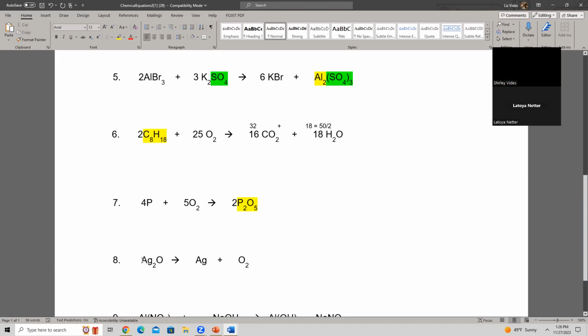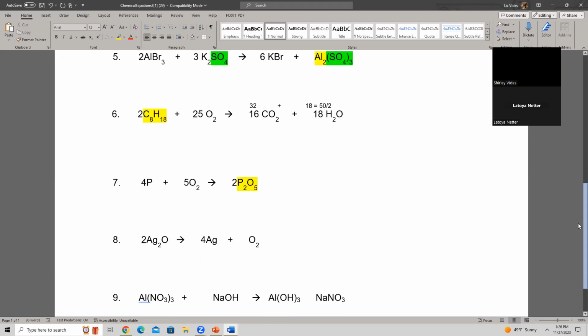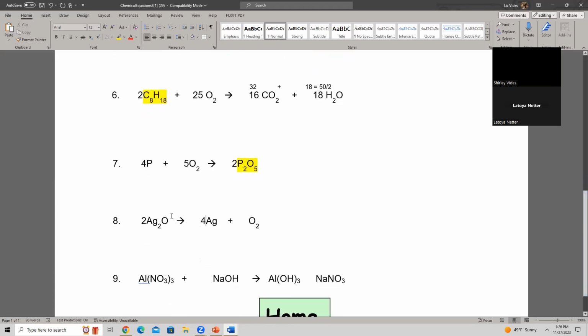So we always put a 2 in front of that one to make it even. Now look how many silvers you have. 4, see? Exactly. If you had started the other way, you would have ended up with 2 silvers, and then you couldn't have balanced the O's. It would have been a mess. It's always good to focus on the odd one.